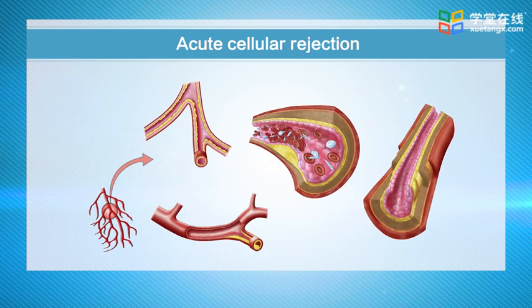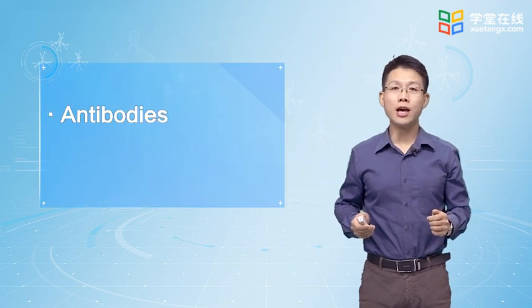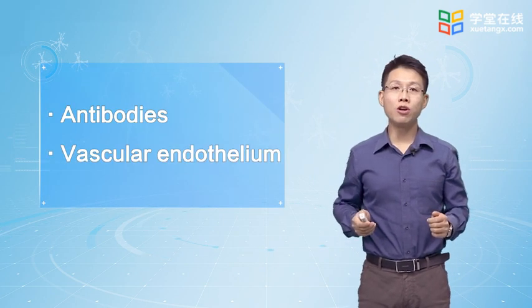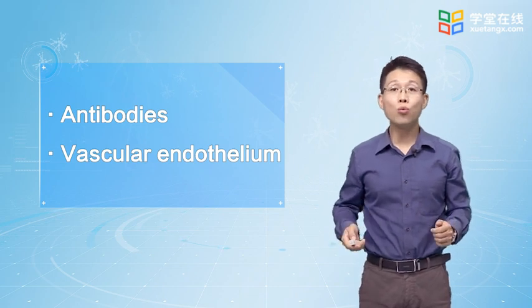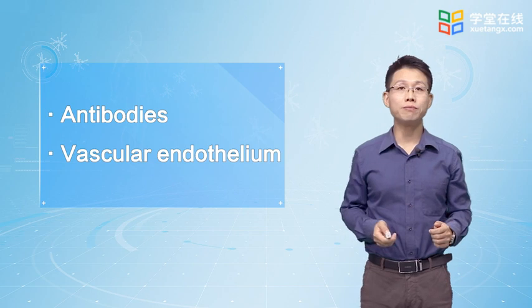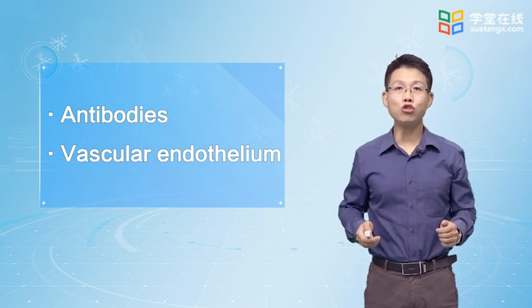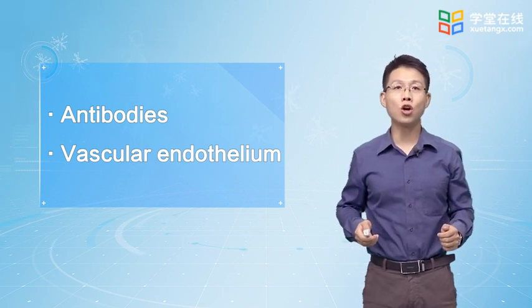T cells may also react against graft vessels, leading to vascular damage. In acute humoral rejection, antibodies bind to vascular endothelium and activate complement via the classic pathway. The resultant inflammation and endothelial damage cause graft failure.